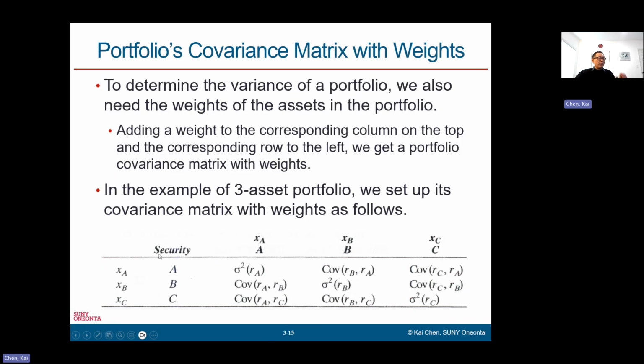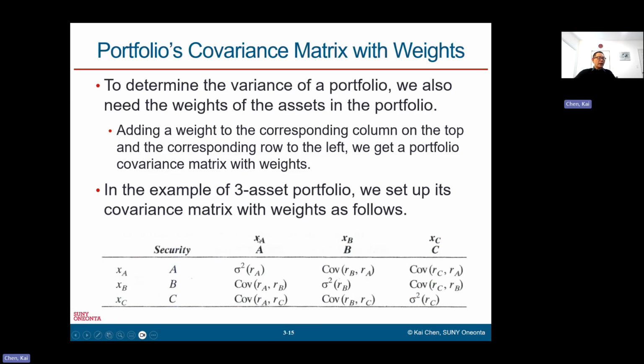Then we have an expanded covariance matrix. We call this expanded covariance matrix the portfolio covariance matrix with weights.